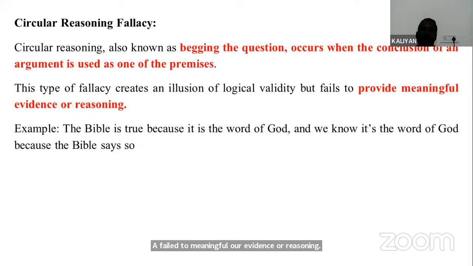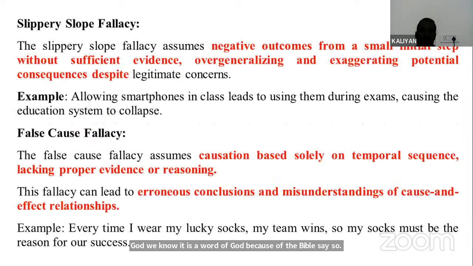Example: the Bible is true because it's the word of God. We know it is the word of God because the Bible says so. It is an example of circular reasoning.